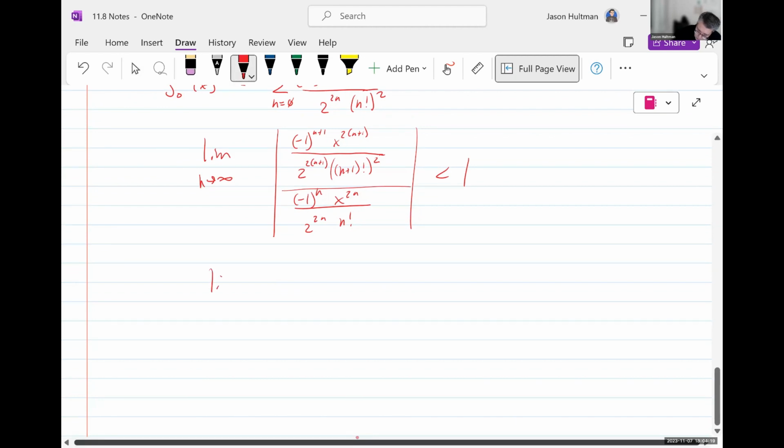Okay, so this is equal to the limit as n goes to infinity. I'm just going to flip everything upside down that is underneath my second fraction.